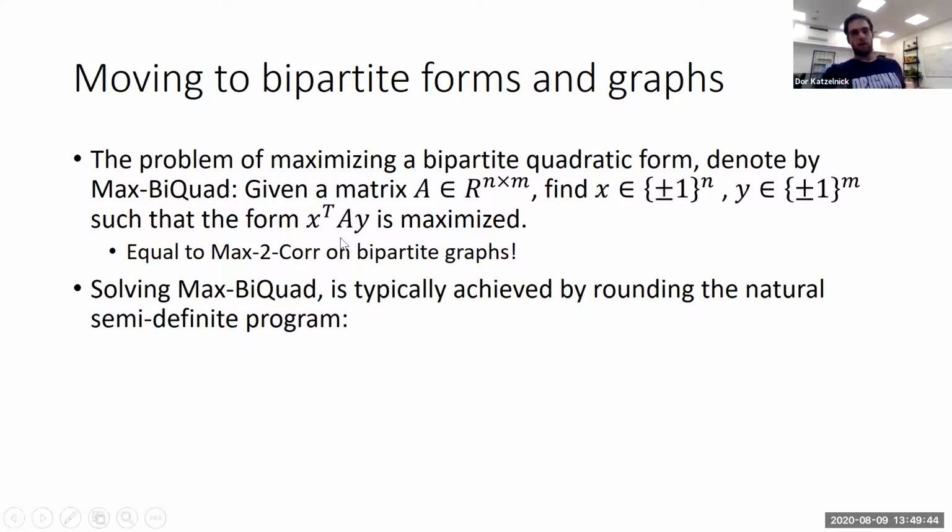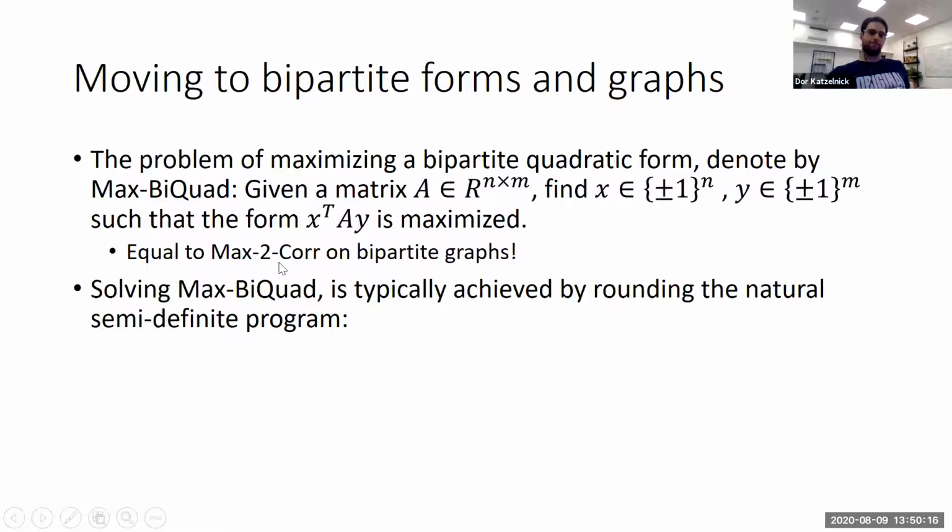So it's very similar to the previous problem. You can see, or maybe you can stop for a minute and see, that this problem is actually equivalent to the problem of MaxCorr on bipartite graphs. This is where you're given a bipartite graph, and you want to find a clustering that maximizes the correlation, but this clustering is limited to at most 2 clusters.